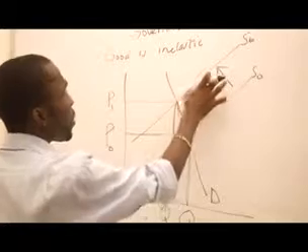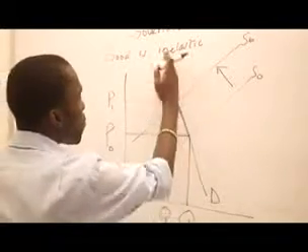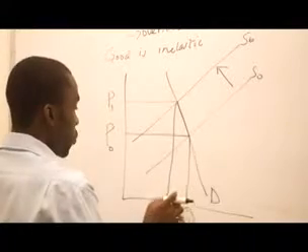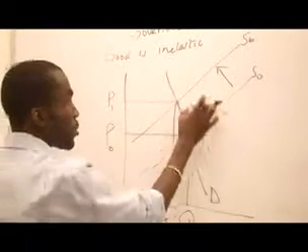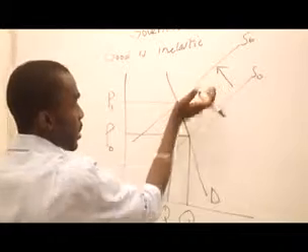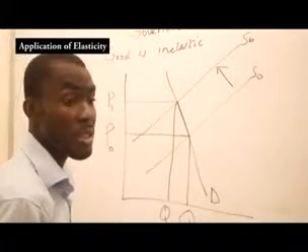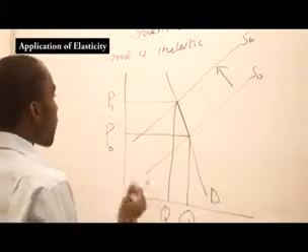So that in this case, consumers will not so much decrease the quantity that they consume of the good or the service. So government can tax this kind of product more because the reduction in quantity is low.